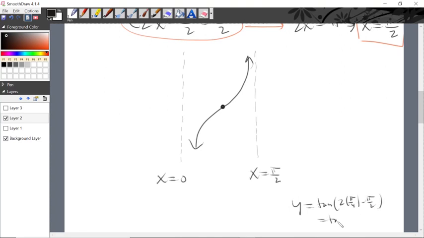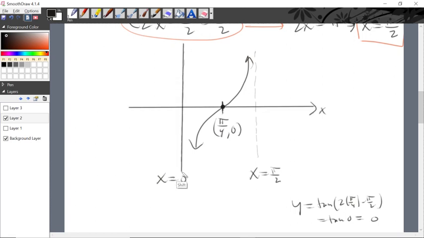Well, that's exactly equal to the tangent of 0, which is equal to 0. So this point right here, okay, has coordinates pi over 4, 0. In other words, it is right along the x-axis. Okay? And of course, again, this is the y-axis right here. It is our vertical asymptote. Okay, I can put the vertical asymptote in red so it'll stand out a little bit better maybe.